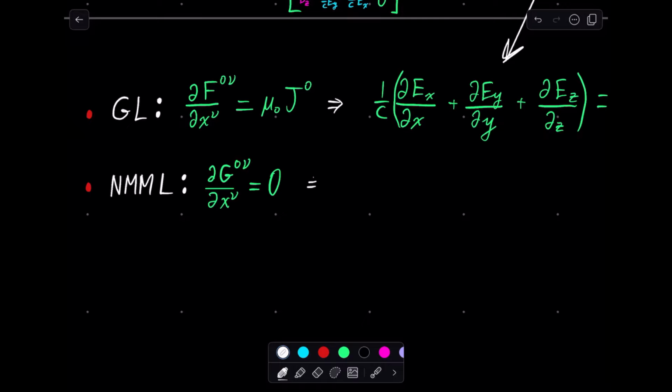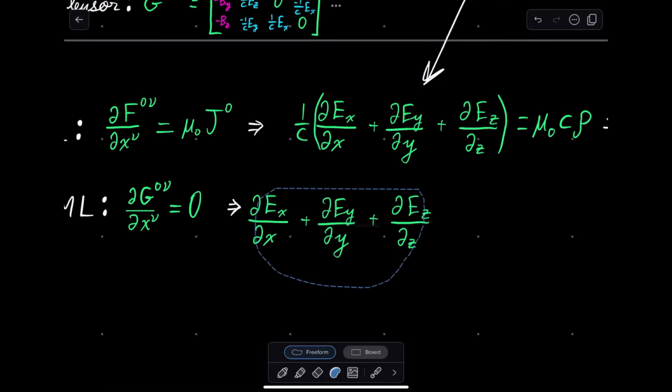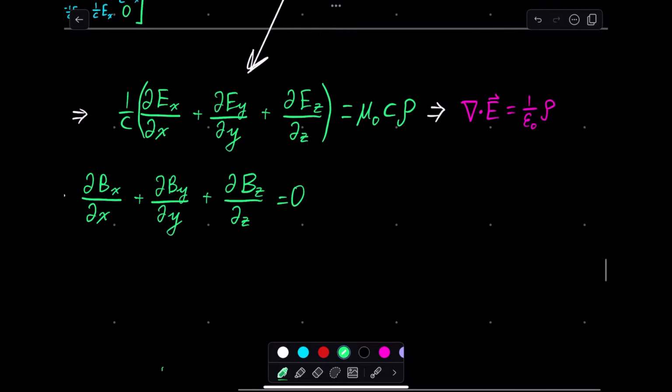So this just implies that all of this, so I'm just going to copy this, but I'm going to insert the components for B, is equal to 0, which is just saying the same thing as the divergence of B is equal to 0. So it's the same law.